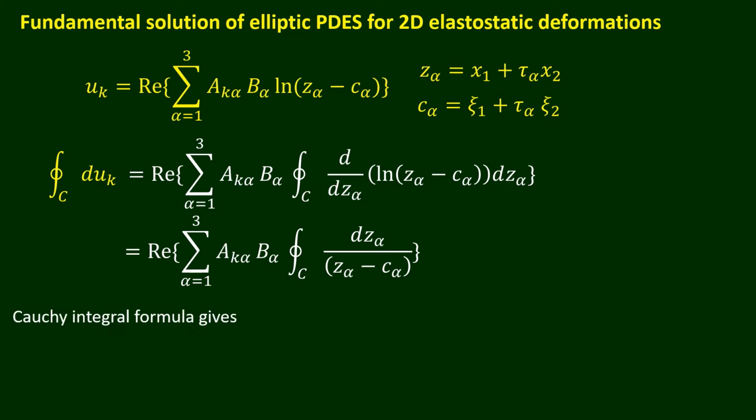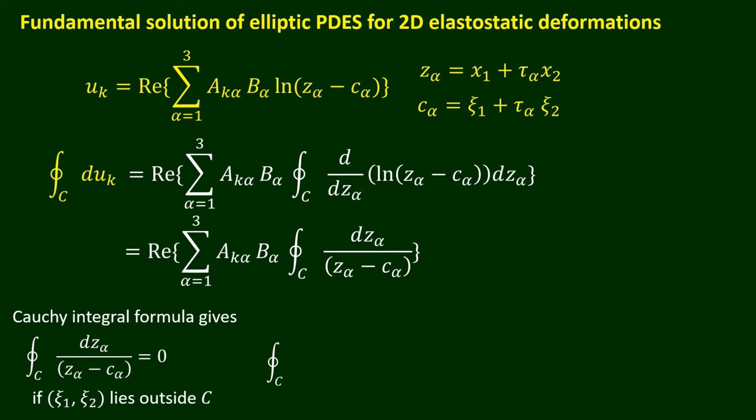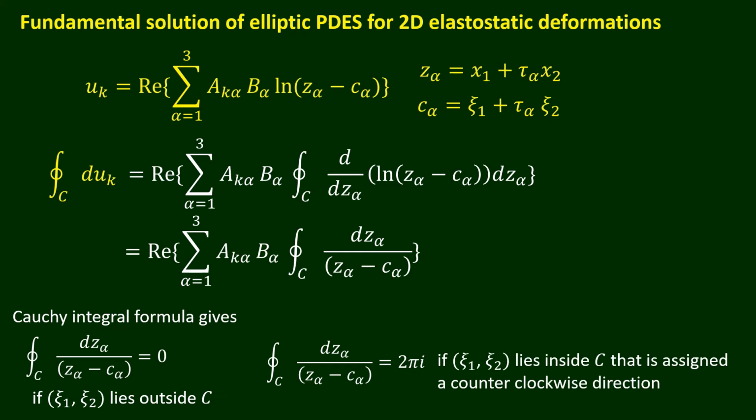Cauchy integral formula gives the integral over C of dz_α over (z_α − c_α) equals 0 if (ξ1, ξ2) lies outside C, and equals 2πi if (ξ1, ξ2) lies inside C, that is assigned a counterclockwise direction.